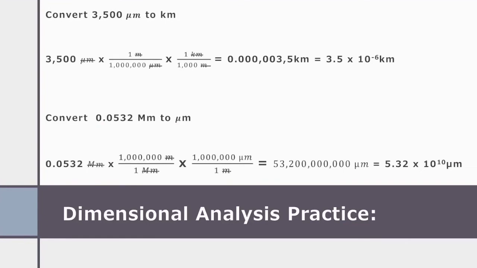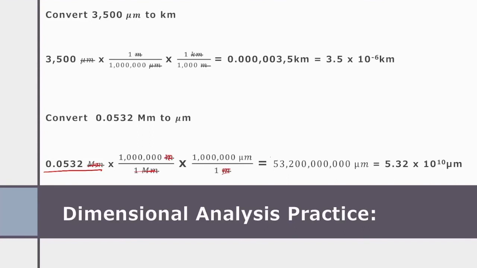All right, here's our answer. So I started with the number in the problem, and I know that there are 1 million meters in a megameter. So I'm going to set that up so megameters cancels out. And then I also know that there are 1 million micrometers in 1 meter, and I set that up so that meters will cancel out.